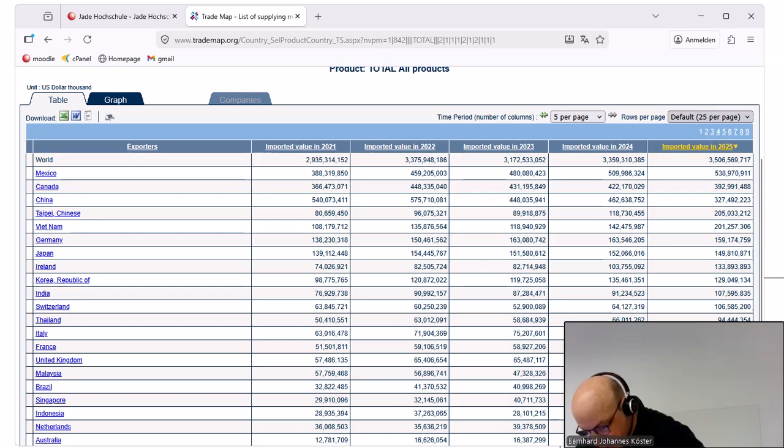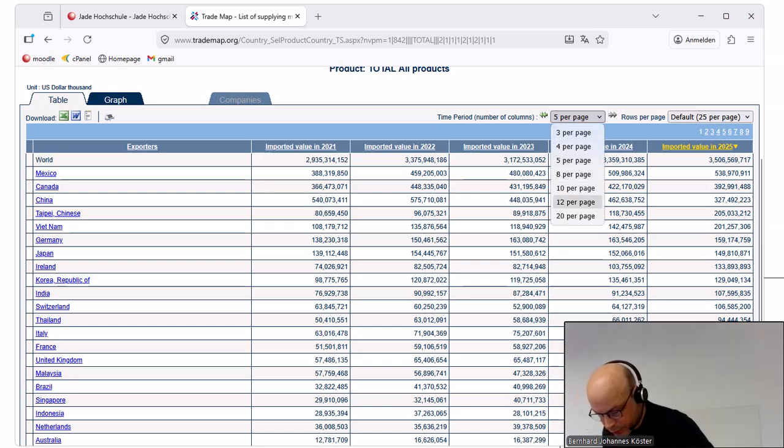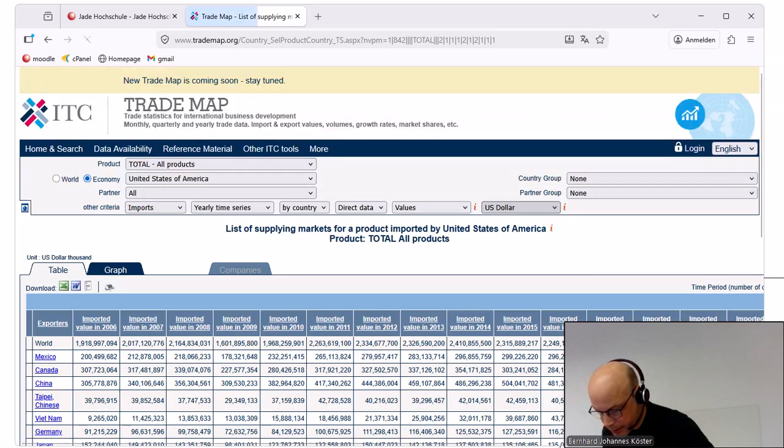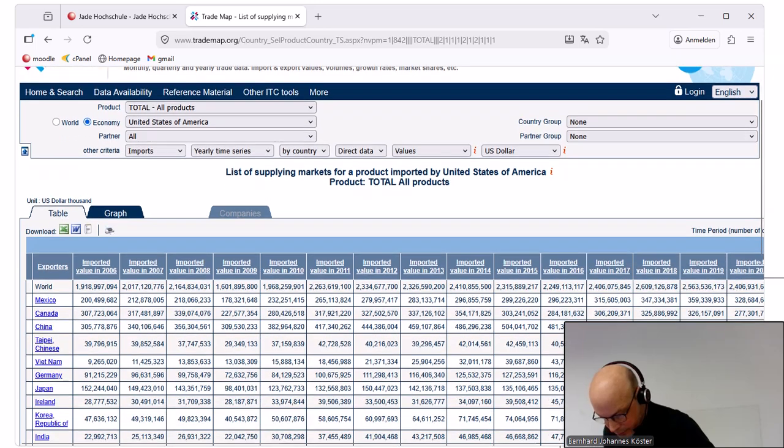Then you see you have a default of 25. If we download them, then I think it is almost all trading partners. And time period: also for your analysis of the trade relations, of course, a longer time series of the development of the trade relations is interesting. So we change this to 20 years, and then we are starting from 2006, I think.